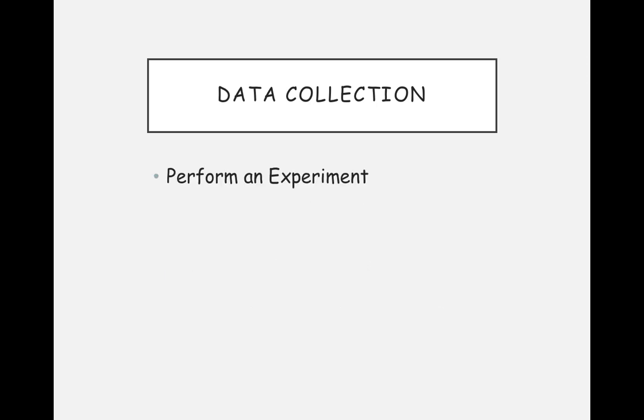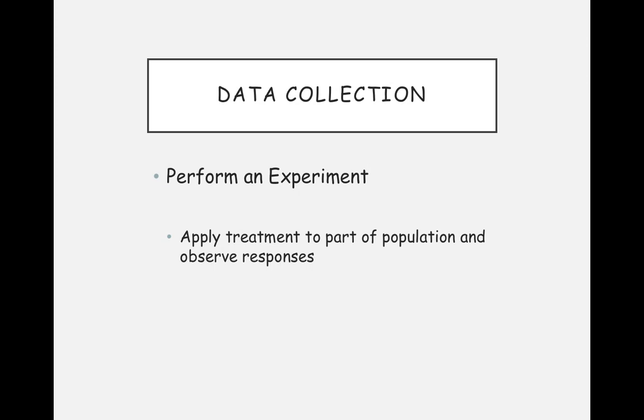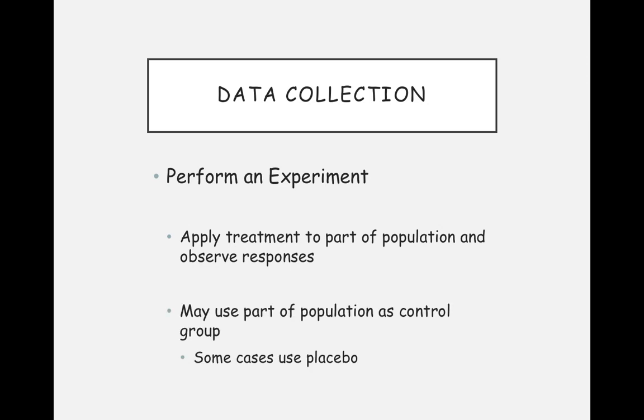We also have an experiment, and this is what we really need to try and do, is make a well-designed experiment so that we can draw conclusions from our data. In an experiment, you're giving a treatment to part of the population or part of your sample. If it's well designed, you would have a control group or a baseline treatment.